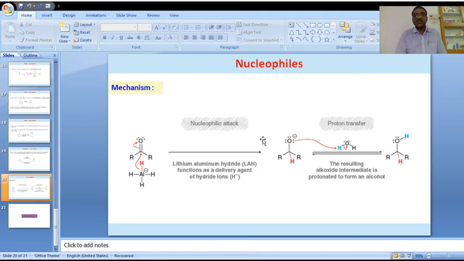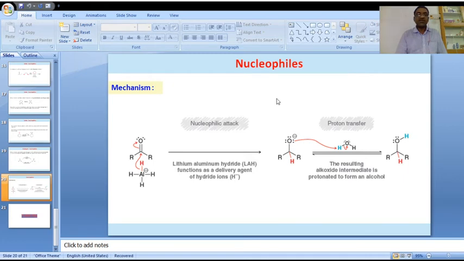The resulting alkoxide intermediate is protonated to form an alcohol. The perfectly tetrahedral structure of this particular alcohol is obtained in this reaction. Alcohol is obtained from this reaction.